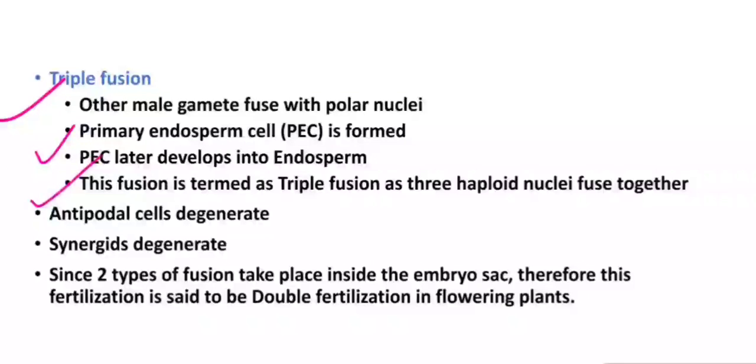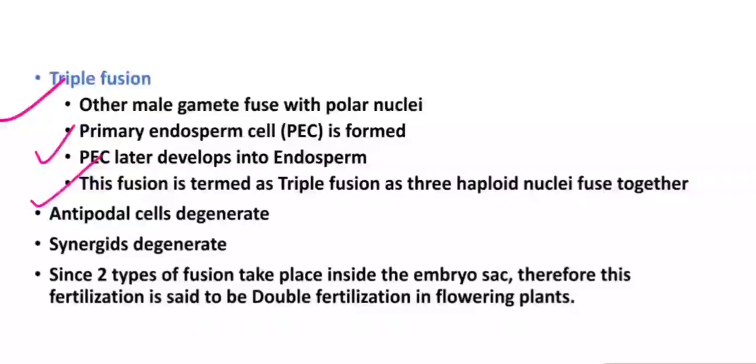Why is this triple fusion? Because the male gamete is haploid, and the polar nuclei, two nuclei, are there in the central cell. These two nuclei, when fused with the haploid nucleus of the male gamete, will form a triploid structure known as endosperm, and this fusion is known as triple fusion.